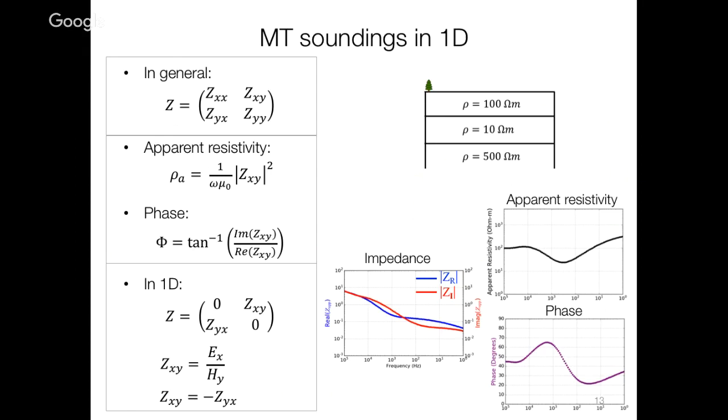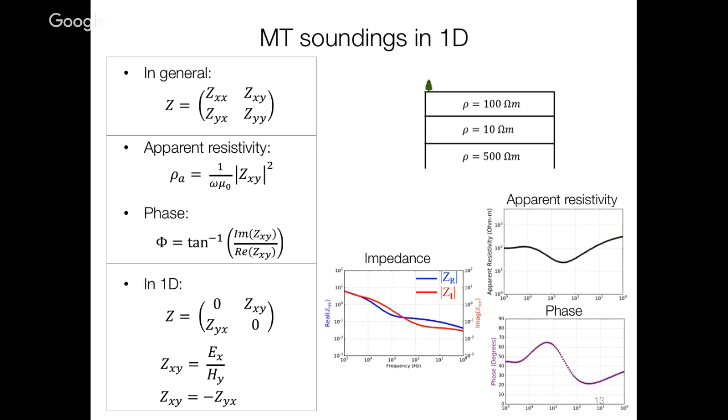As it goes down further, you're sampling more of this 500 ohm meters, and the apparent resistivity climbs up and would eventually asymptote to 500 ohm meters. So this is great. This curve reflects what's happening in a 1D Earth, and then the phase is also informative.